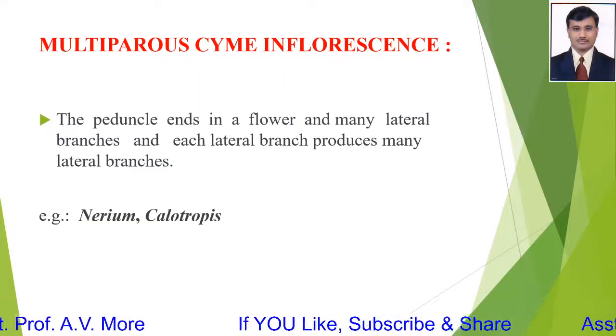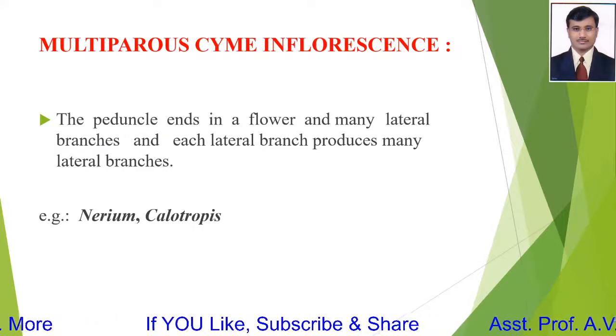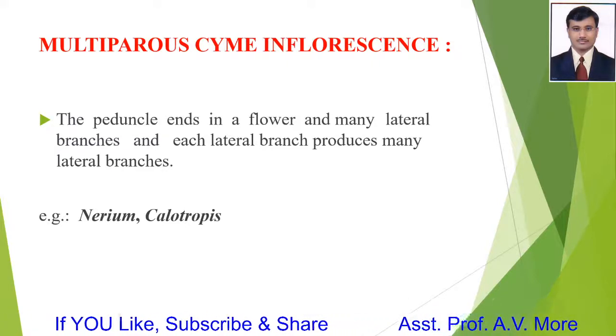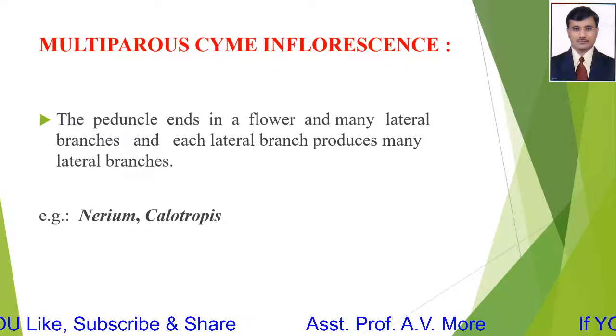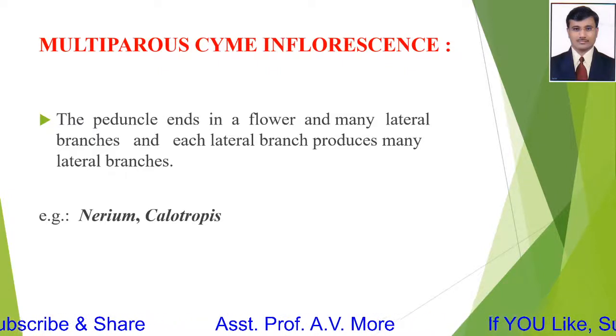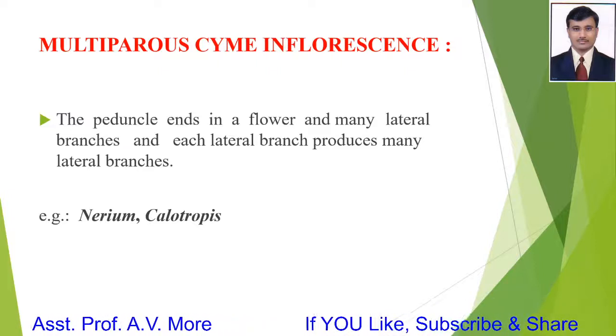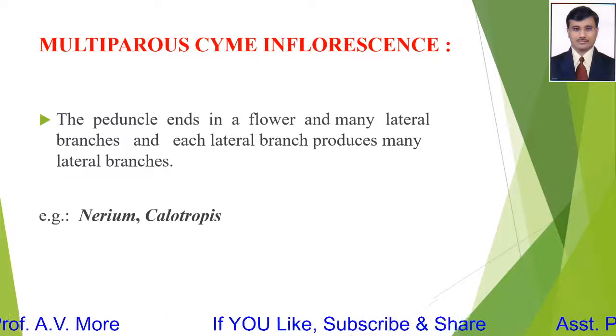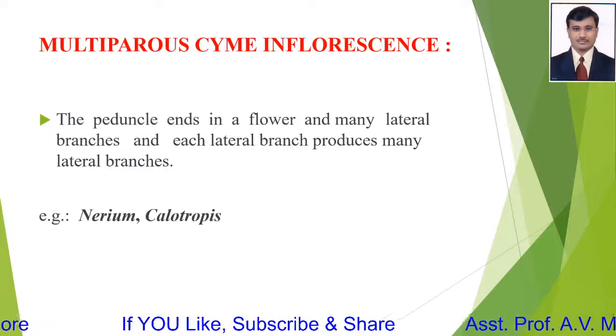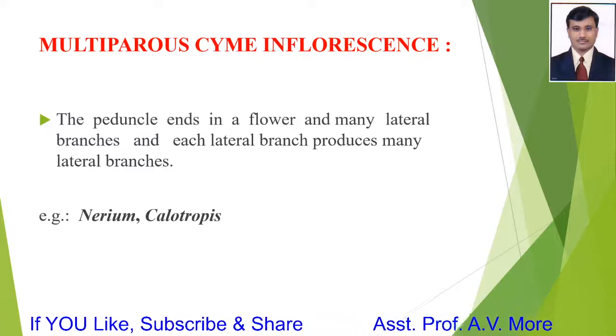Next point, multiparous cyme inflorescence. In this inflorescence, the peduncle ends in a flower and many lateral branches are produced, and each lateral branch again produces many branches.